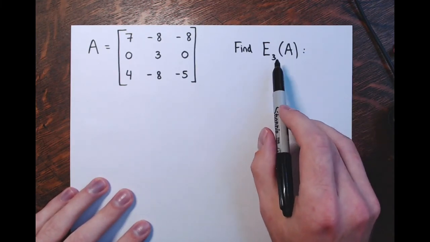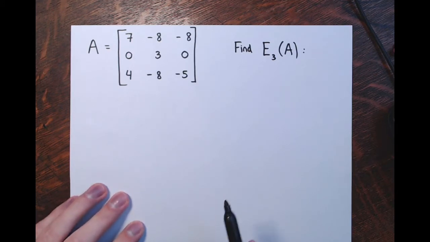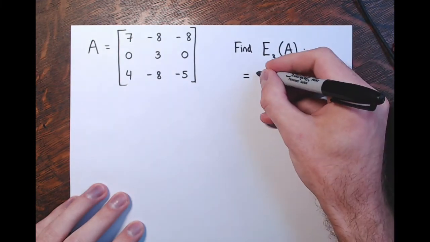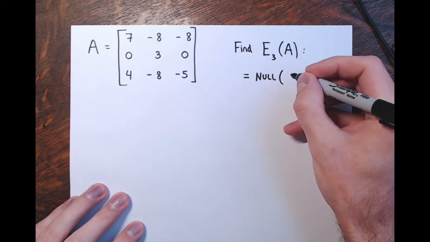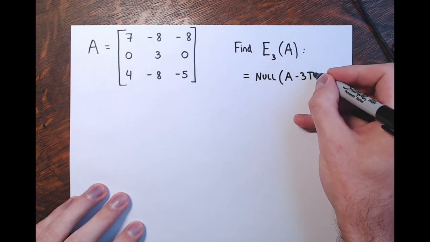And we're asked, first, to find this eigenspace. What's the eigenspace of A corresponding to lambda equals 3? Like I said, this is the same thing as the null space. It has the same vectors as the null space of A minus 3I.